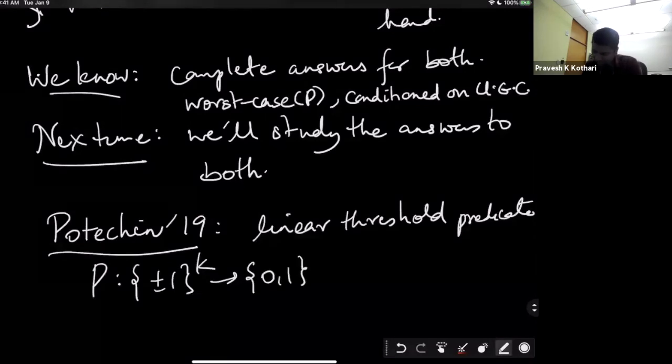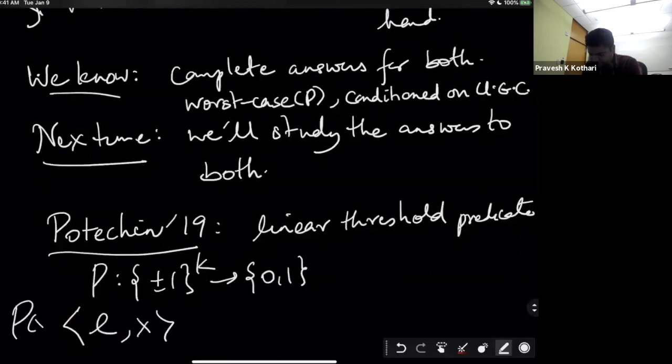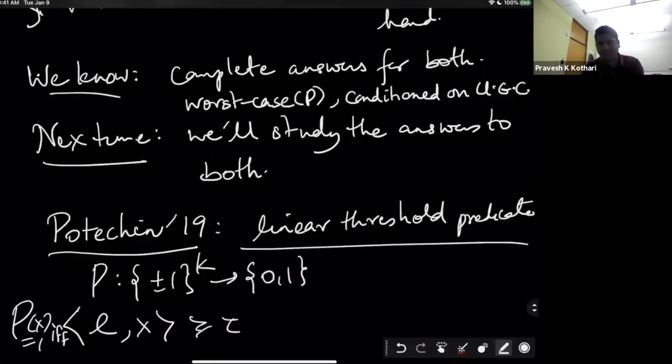And P has a form so that P is described by some linear function L and threshold tau, and P of X is 1 if and only if L(x) is bigger than or equal to tau. Okay, so this is what is called a linear threshold predicate, because it takes the value 1 only when a certain linear function is larger than some threshold.